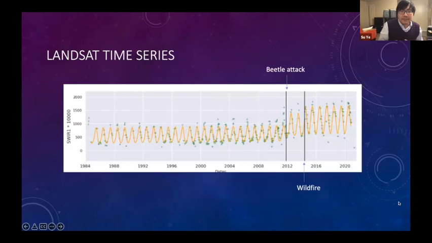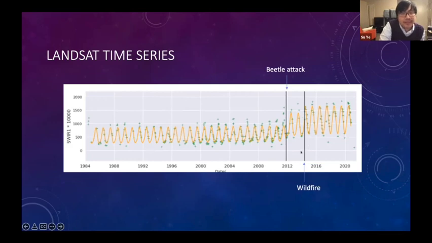This is an example of what a Landsat time series looks like. The mechanism here is that if a disturbance happens, such as an insect disturbance, it will trigger some signals in the time series, and it will cause several breaks in our time series, like the black line showing here. Actually, the time series not only tells us the break, we can also use the spectral information to classify this break.